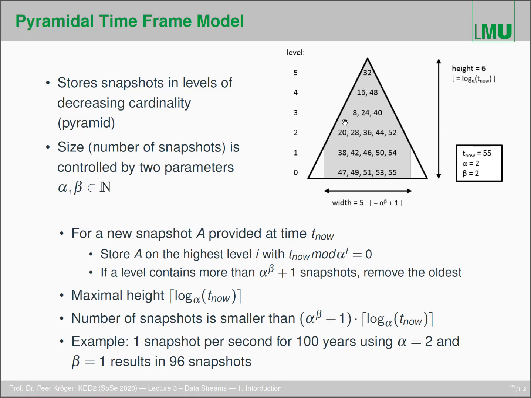And the higher the level, the fewer you have, since it's a pyramid model. The maximal height of the whole thing is constrained by log to the base alpha of the current time slot. So it will grow, actually.